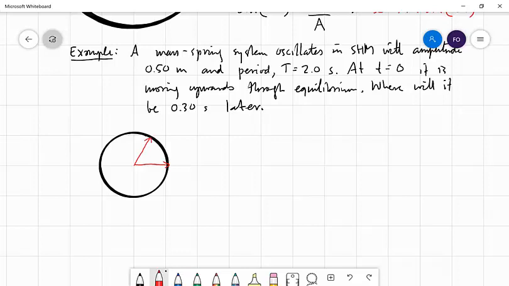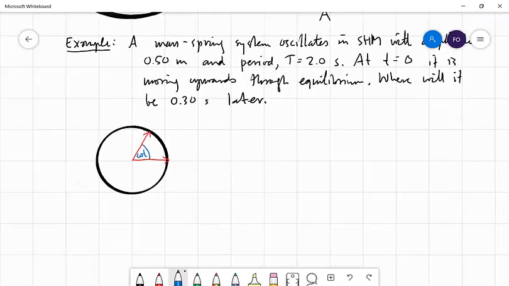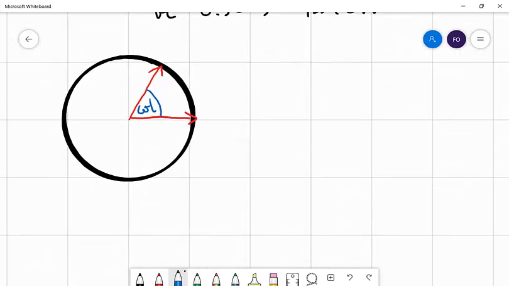So I'm going to draw in that phasor there. I don't know exactly where it's going to be, but I'm going to draw it just so I can draw a clear diagram. And then I will label the angle here. That's going to be omega t. And the side that we're interested in finding is this one. This side here is going to be x.